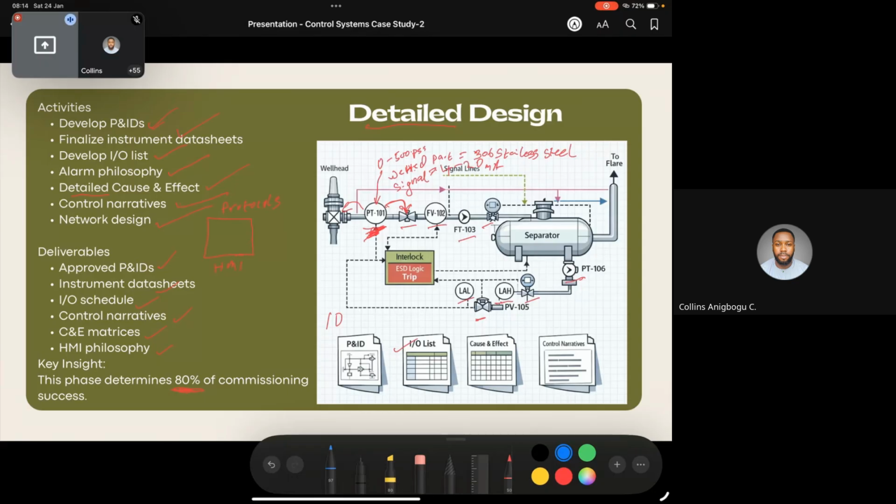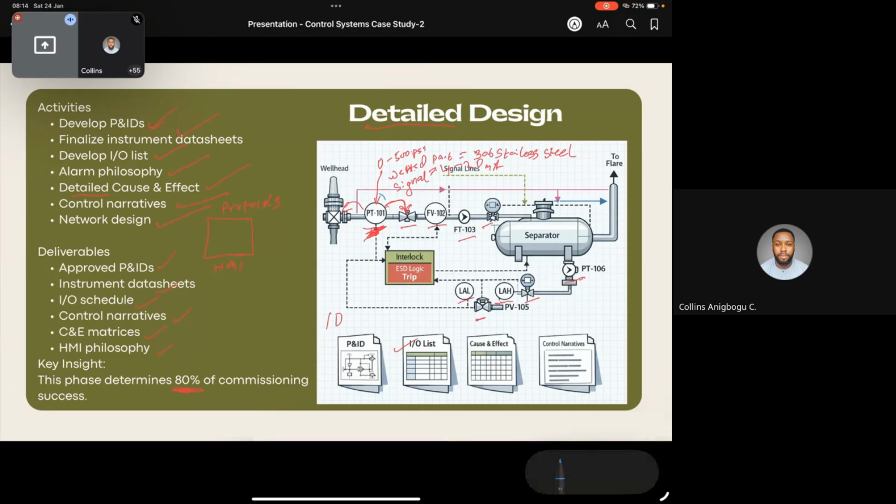If you have to change this transmitter, for you to change it, you need to evaluate its impact on this block valve. And you need to evaluate its impact on the instrument upstream of it.